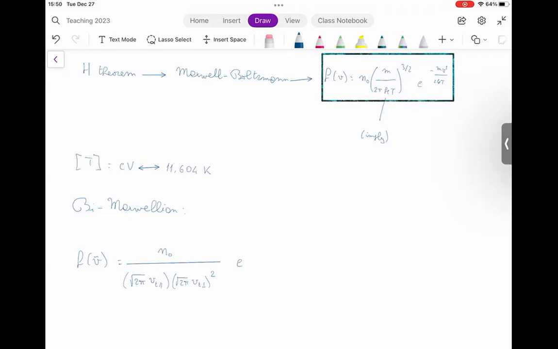And then I have my exponential that's going to have in the exponent minus Vz squared over 2 V thermal parallel squared, minus Vx squared plus Vy squared divided by 2 V thermal perpendicular squared, where I have assumed that the magnetic field is in the z direction.